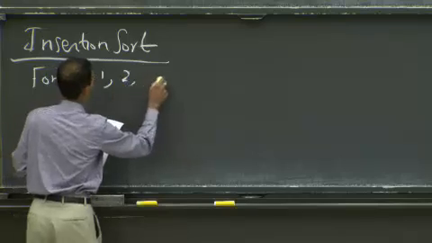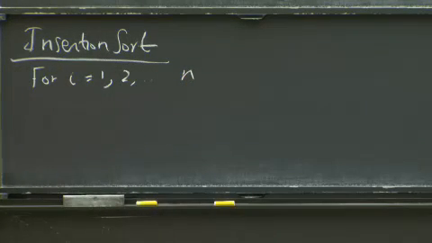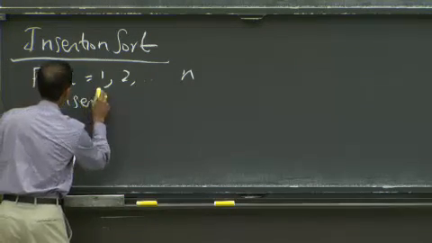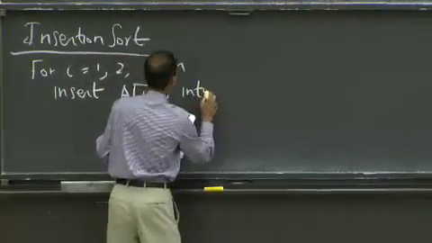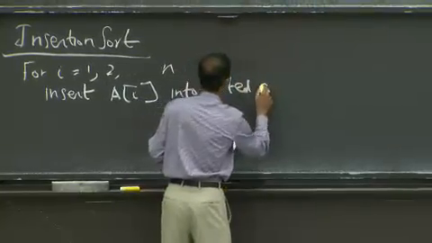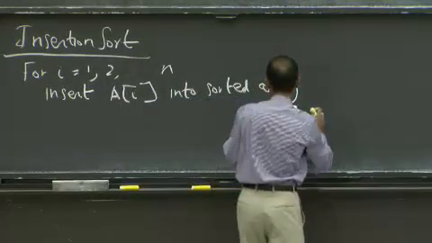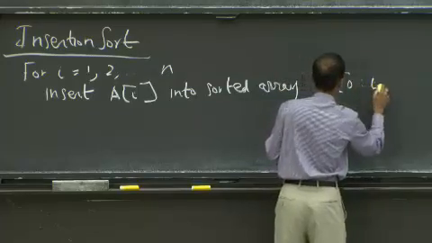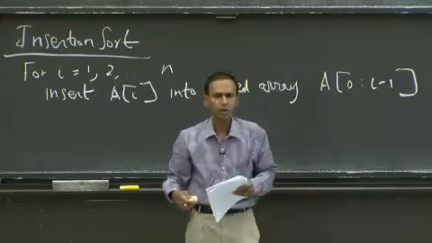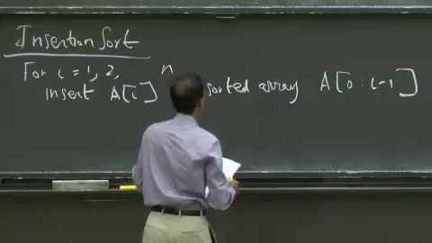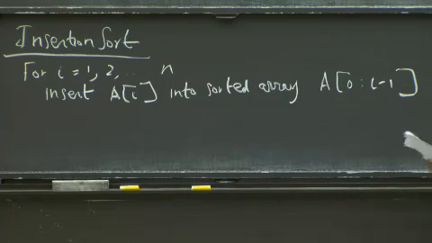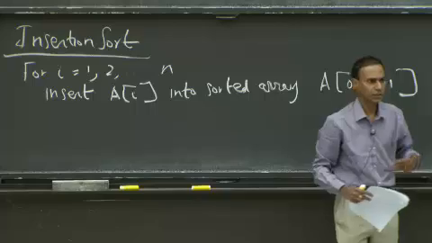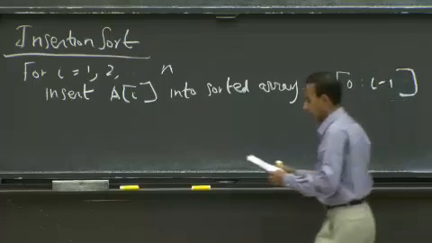For I equals 1, 2 through n, given an input to be sorted, what we're going to do is insert a of I in the right position, and we're going to assume that we are midway through the sorting process where we have sorted a 0 through I minus 1, and we're going to expand this array to have I plus 1 elements, and a of I is going to get inserted into the correct position.